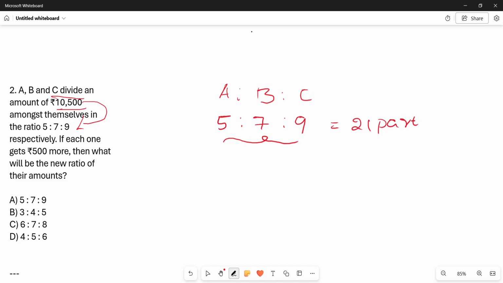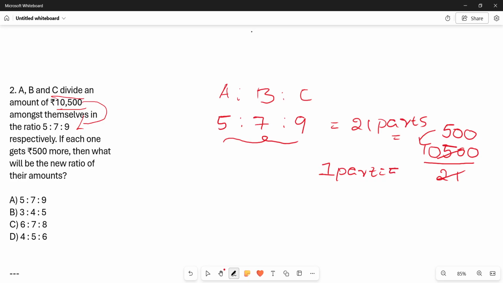How much amount are they dividing? 10,500. Dividing 10,500 by 21 parts gives 500. That means one part value is 500.